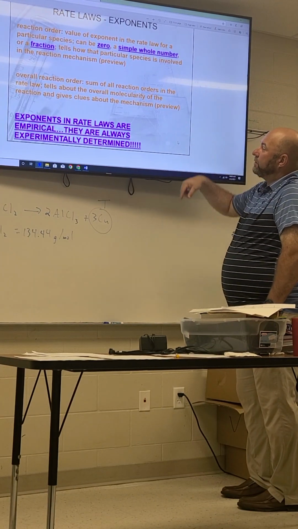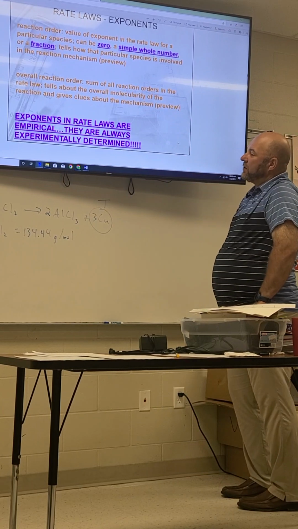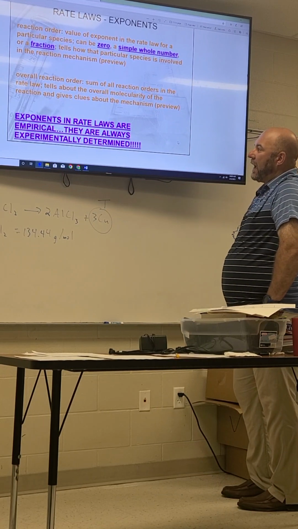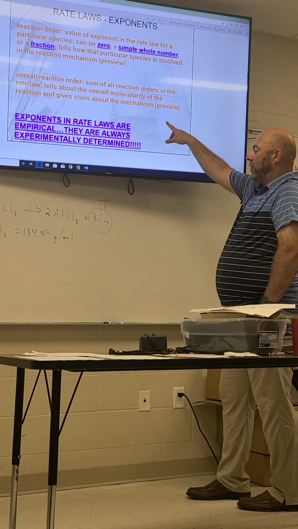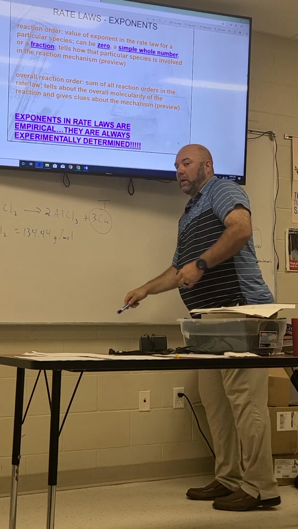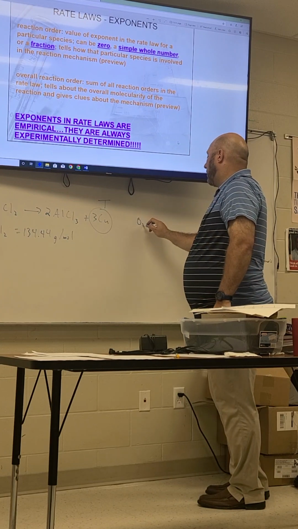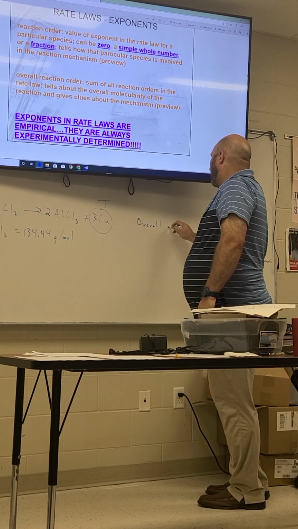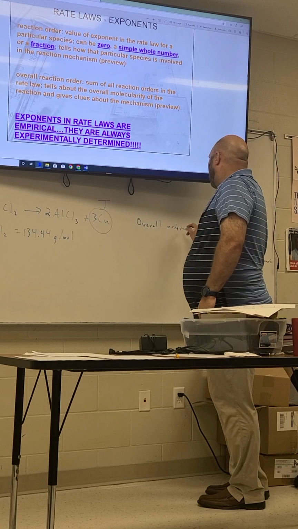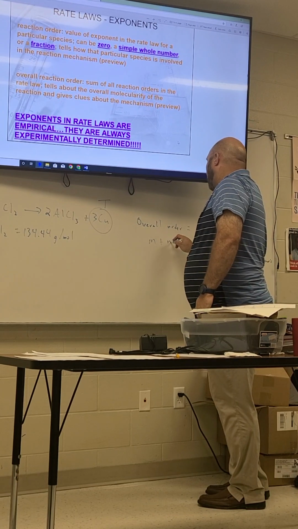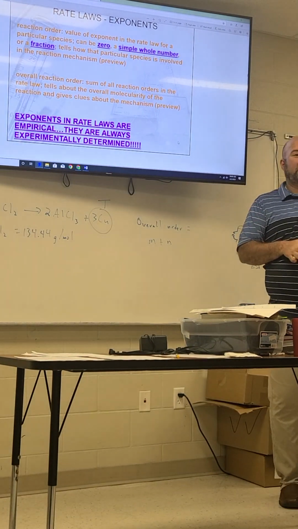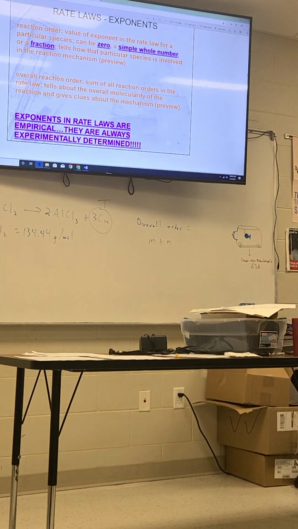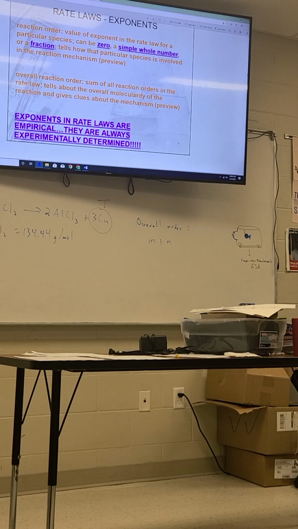There are some instances where we have fractions, normally halves. Overall reaction order is going to be m plus n. Okay, that is easy money points right there, like double easy money points. Goodness gracious, please don't miss that.